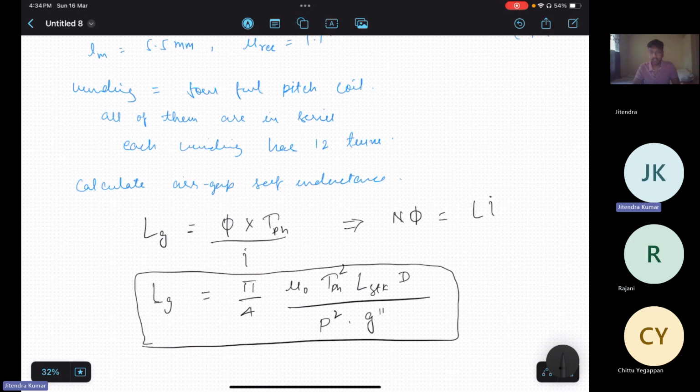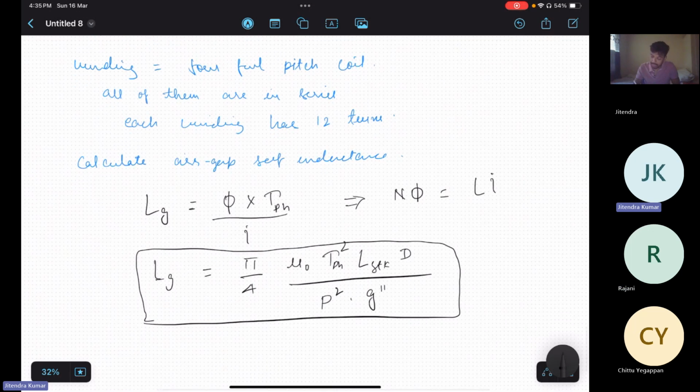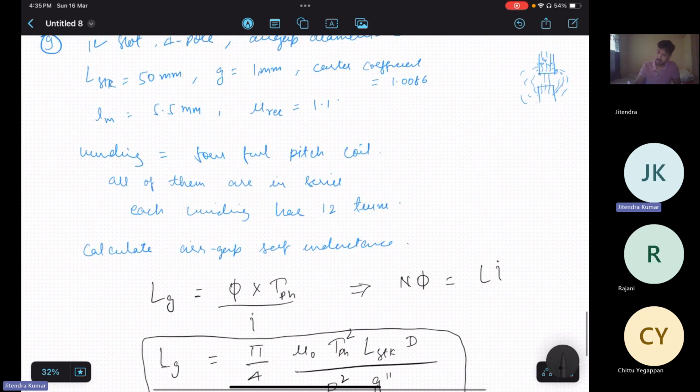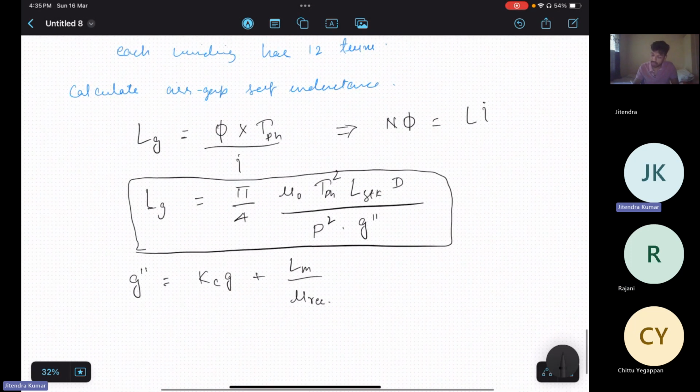Now here g double dash, the effective air gap, has a definition: Carter coefficient into air gap plus Lm divided by mu r, where Lm is magnet length and mu r is provided as 1.1. So first let us calculate g double dash.